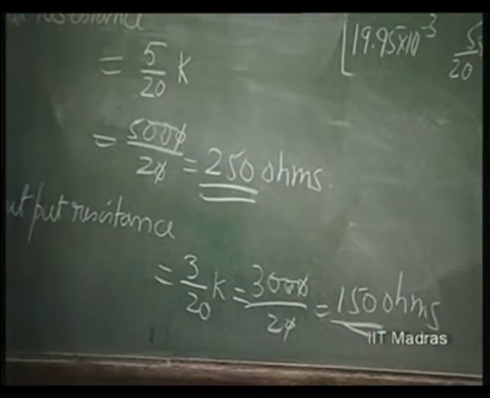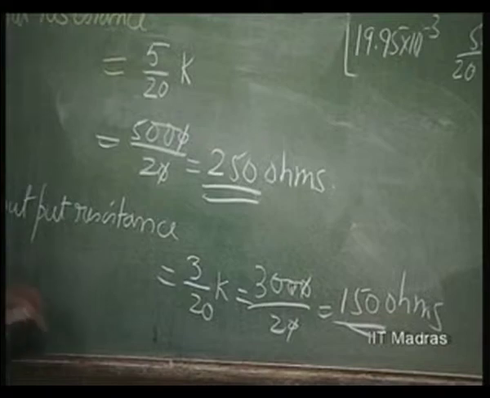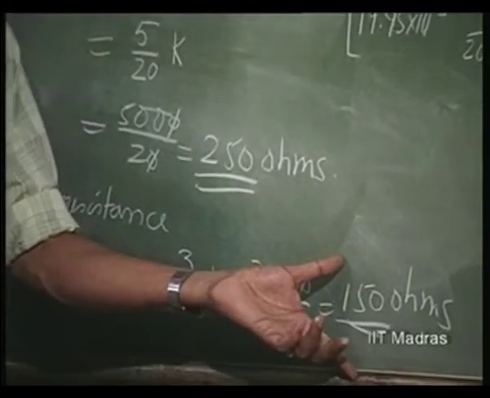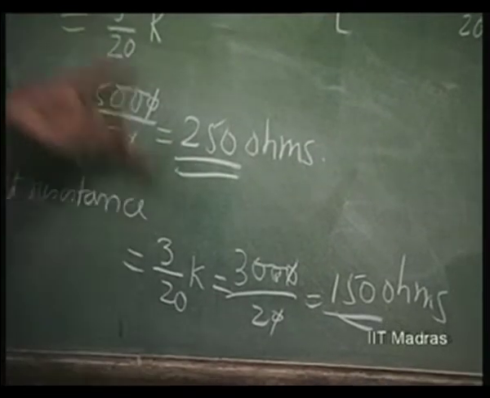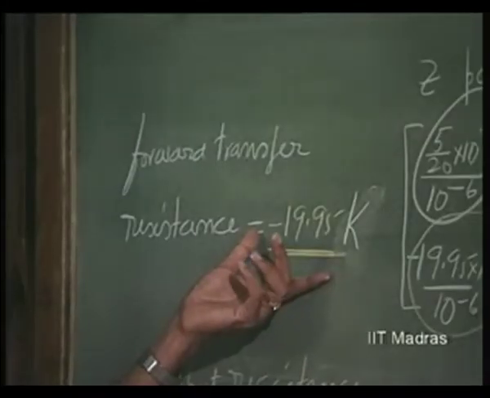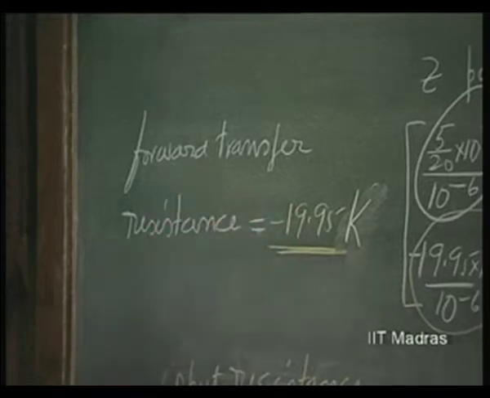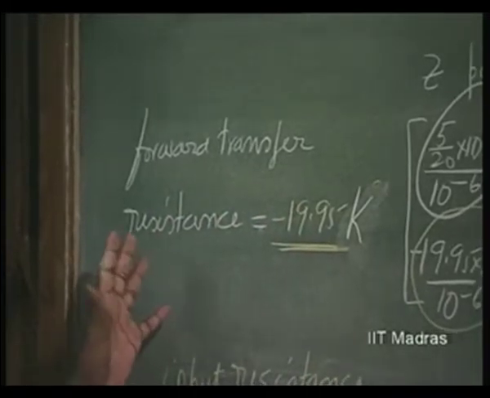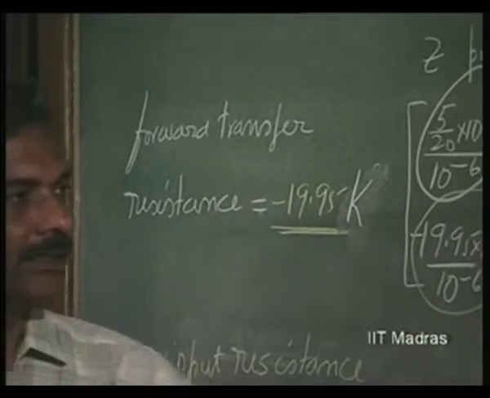So, you can see that the output resistance also is pretty low, 150 ohms. Output resistance is low, input resistance is low, and forward transfer resistance has become almost nearly the passive resistance of 20K. So, this is the way it is going towards its idealization.